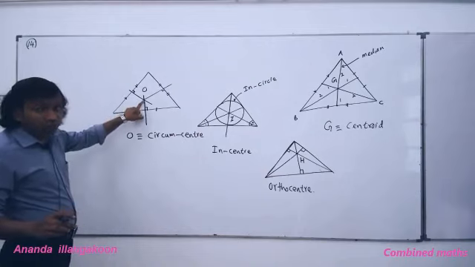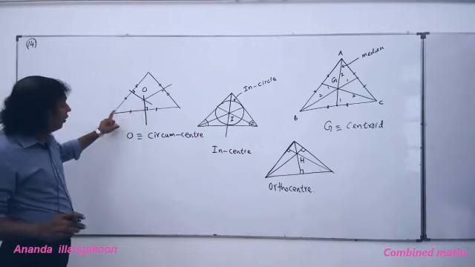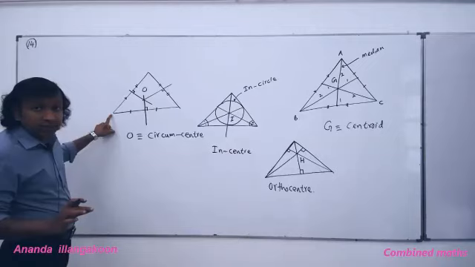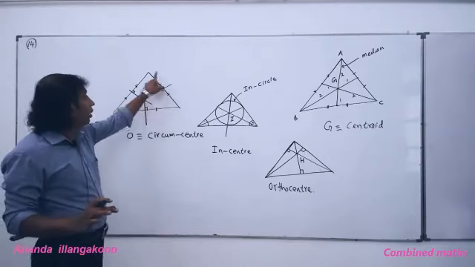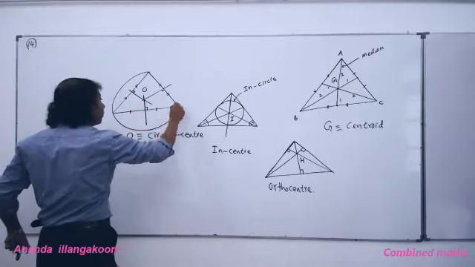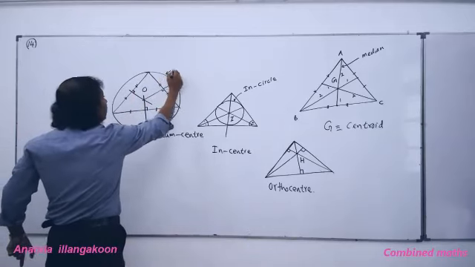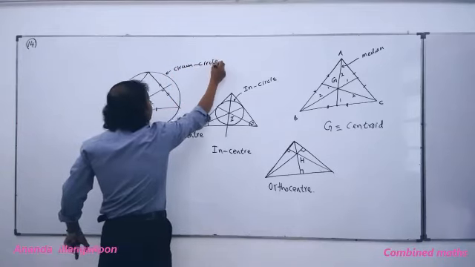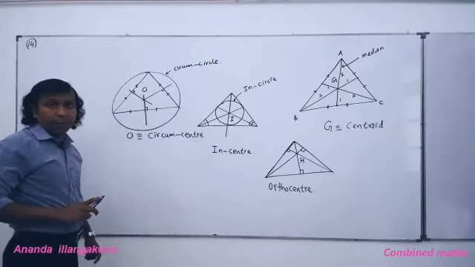When we draw such a circle, that circle will pass through the three vertices like this. This is called the circumcircle. You have constructed this in your earlier classes.